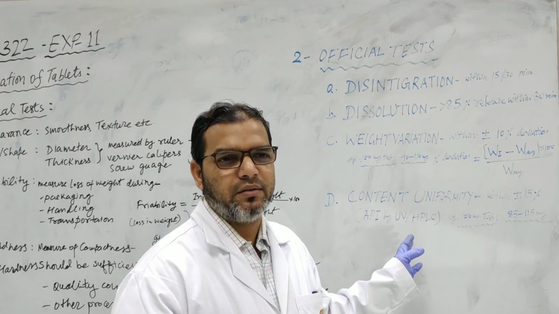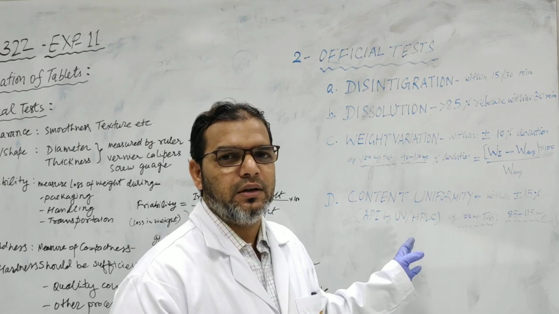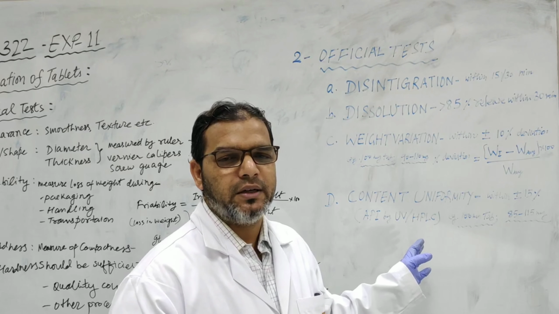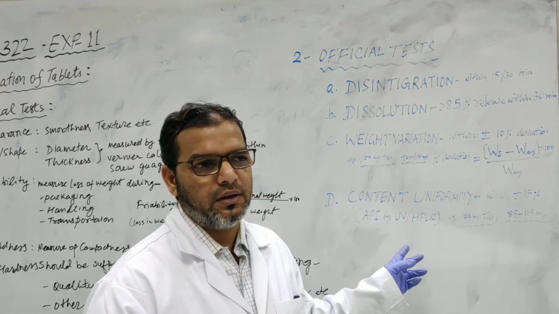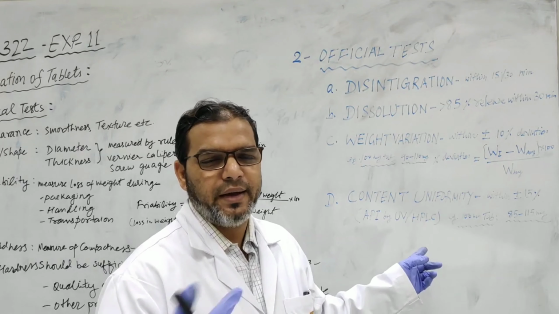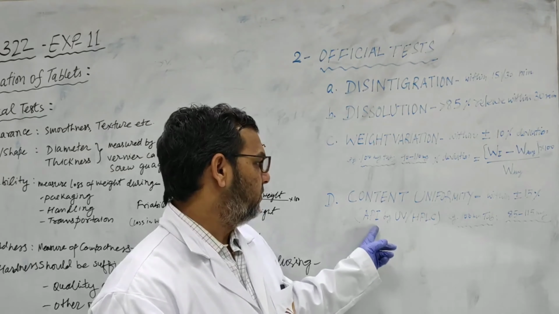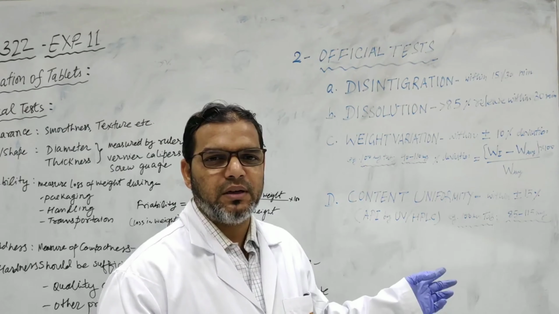If you have a tablet of 500 milligram, your main concern is the API only. For example, in a 500 milligram tablet, if the actual API is 100 milligram and the remaining is excipient, you are going to measure the API only. The reported or theoretical amount is 100 milligram API in every tablet.